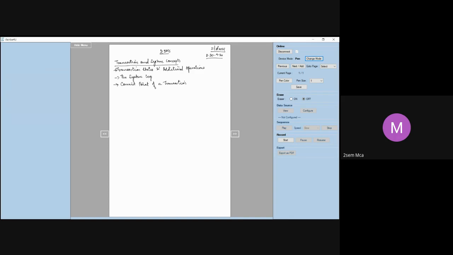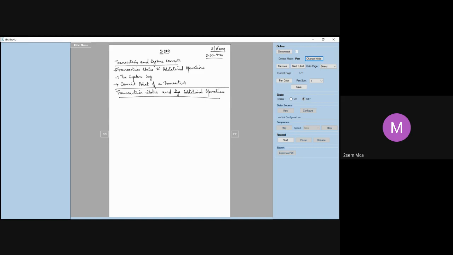First, let us take up the transaction states and some additional operations with respect to the transaction. We have already learned what a transaction is.